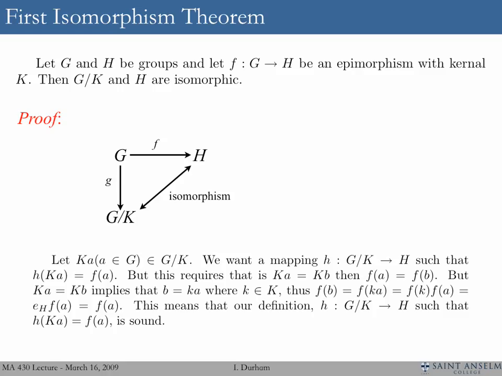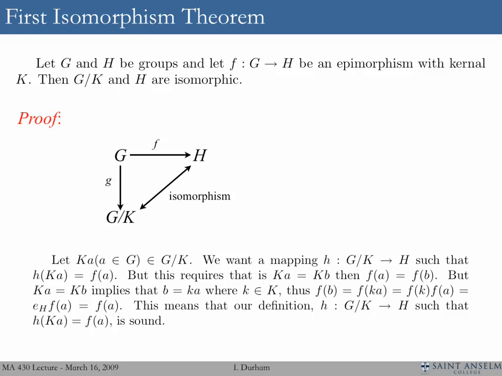So one of the ways of looking at the proof is, suppose we've got Ka, where a is an element of G, and Ka is an element of G/K, all right? We want a mapping, h, and this is going to be our isomorphism, that maps from this G/K to H, all right? We're trying to prove that G/K and H are isomorphic, so essentially, to do that, we want to look for a mapping that represents an isomorphism.